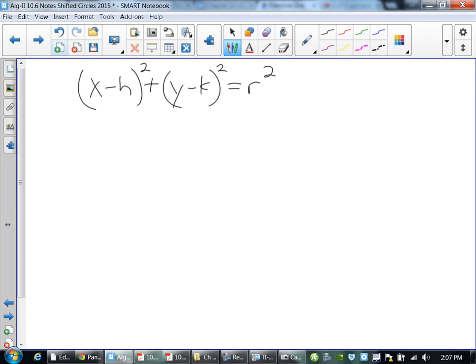And what do you think h and k stand for? h and k is your center. And r is obviously the radius. These are very, very easy to work with.